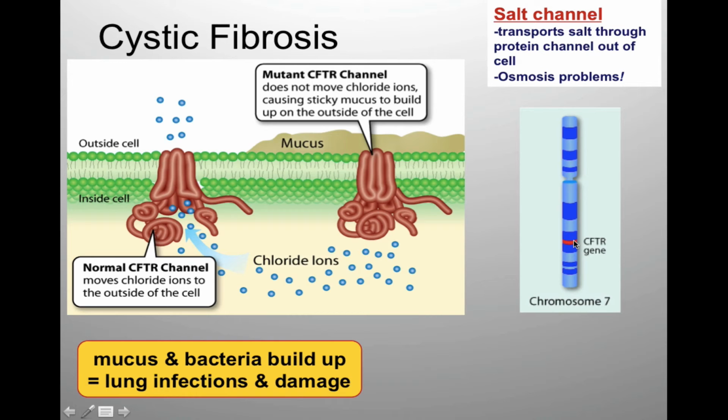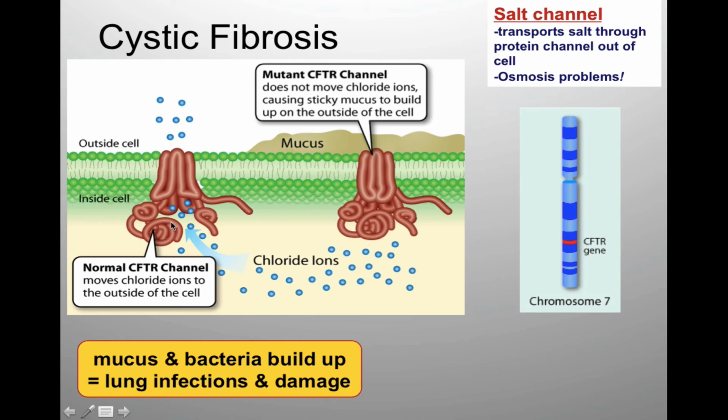Here's that defective gene. It's the CFTR gene, which stands for cystic fibrosis transmembrane conductance regulator. The protein produced by this gene normally helps salt, which is sodium chloride, move in and out of cells. Here we have a normal CFTR channel, so salt can easily move through this channel.